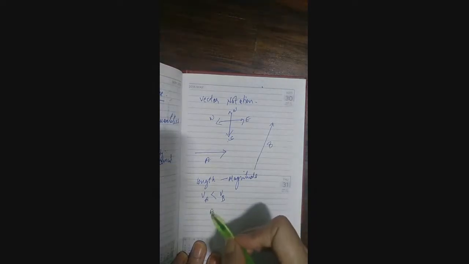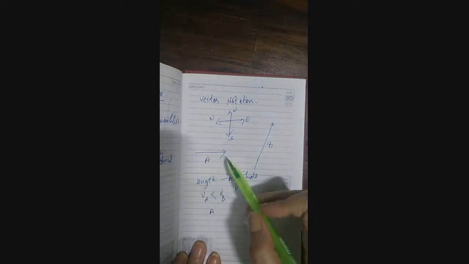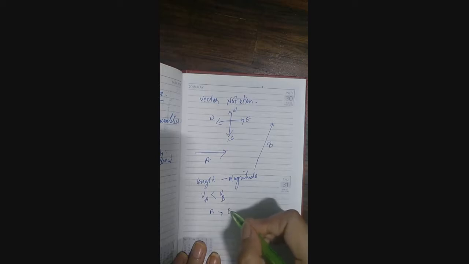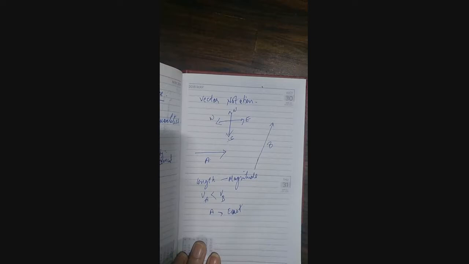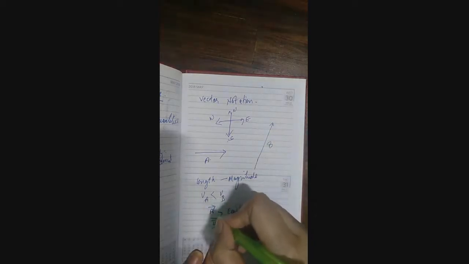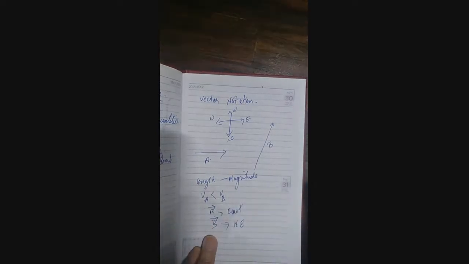Now the direction of A. The direction of car A is towards the east. But the velocity of B is pointing not exactly towards north, but in between north and east. So the velocity of B is towards the northeast direction. Whenever we write in vector form, A must be represented with an arrow on the top, and B as well, because these are vector quantities.